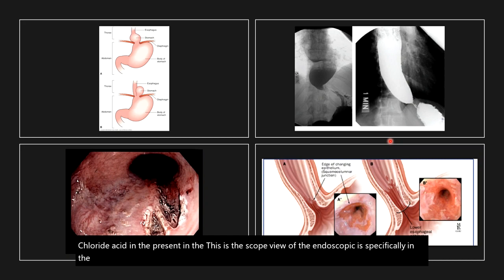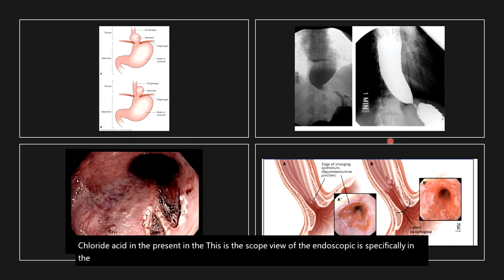If we have a disorder called gastroesophageal reflux disease, that disorder is going to be complicated if the patient has, congenitally, another disorder called hiatal hernia.